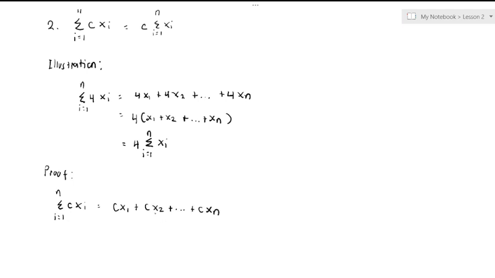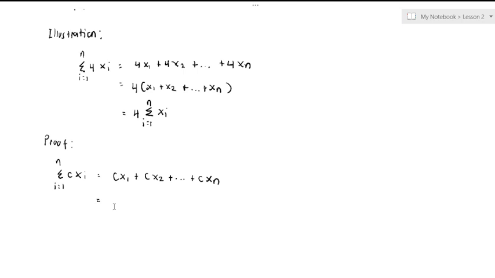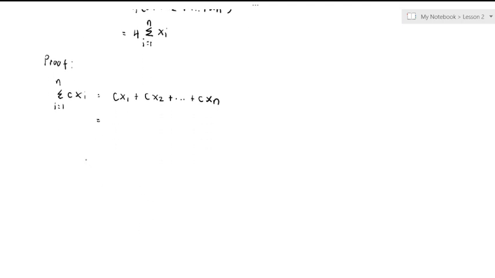So, i-factor out lang natin kung ano yung constant na yon. This is C and then we have x sub 1 plus x sub 2 up to x sub n. And this is now equal to C times summation of x sub i, i equals 1 to n.